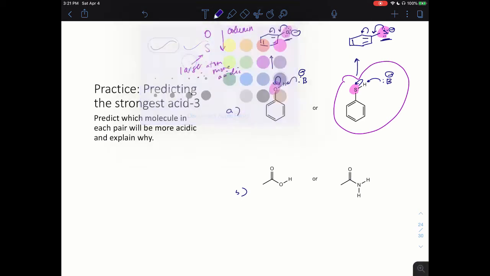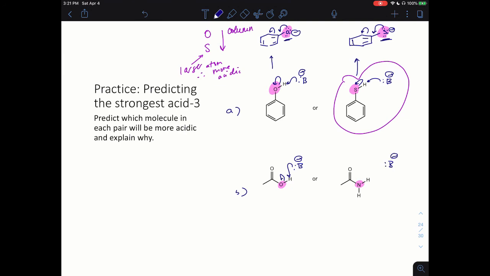Let's take a look at the second example, example B. Again, we see that our main atom, the one bearing the acidic proton, is different. We imagine a base deprotonating that proton for both species. And we again generate two resonance stabilized or delocalized anions.